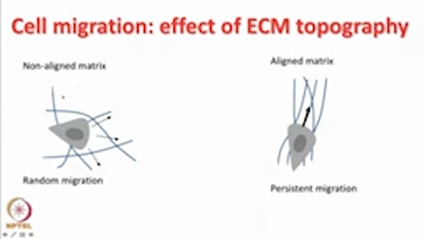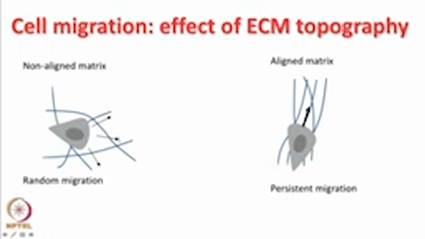So, you can have a situation of what I would call a non-aligned or a completely random matrix, and if you have a cell sitting on this kind of a random matrix, the cell has no directional cue from these fibrils. So, it has equal propensity to migrate in any direction.